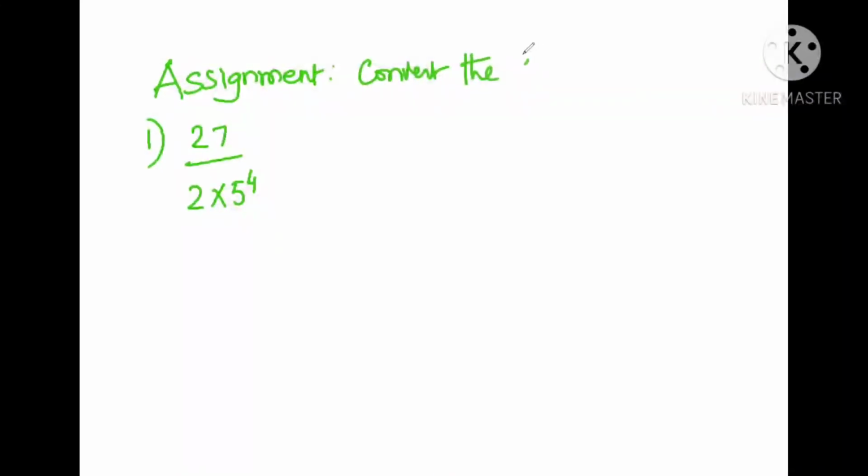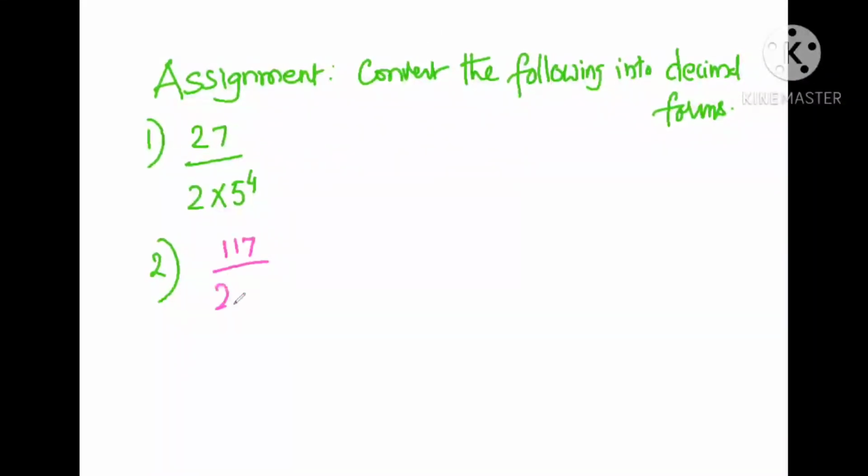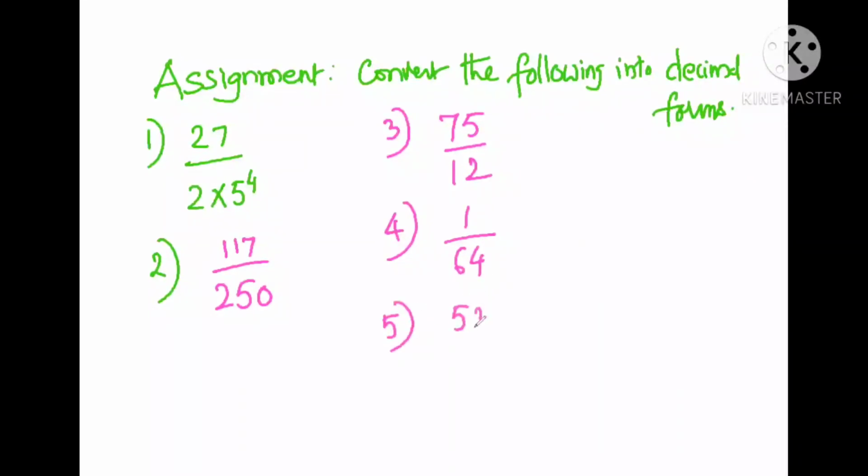Convert the following into decimal forms without performing actual division. Second question, 117 by 250. Third, 75 by 12. Fourth question, 1 by 64. Fifth question, 52 by 65.